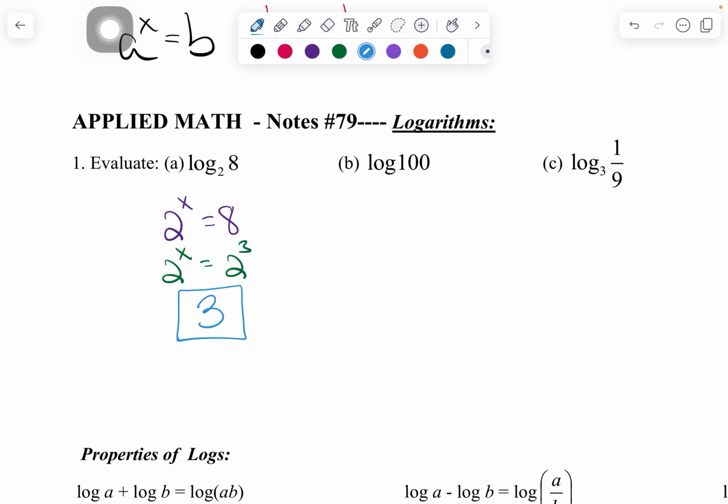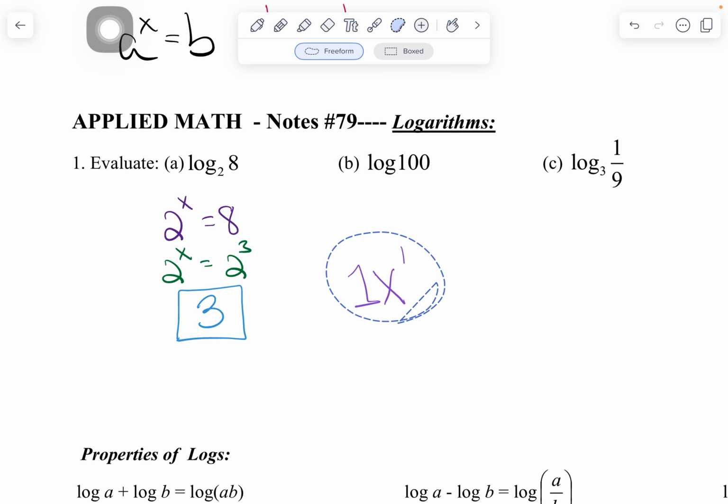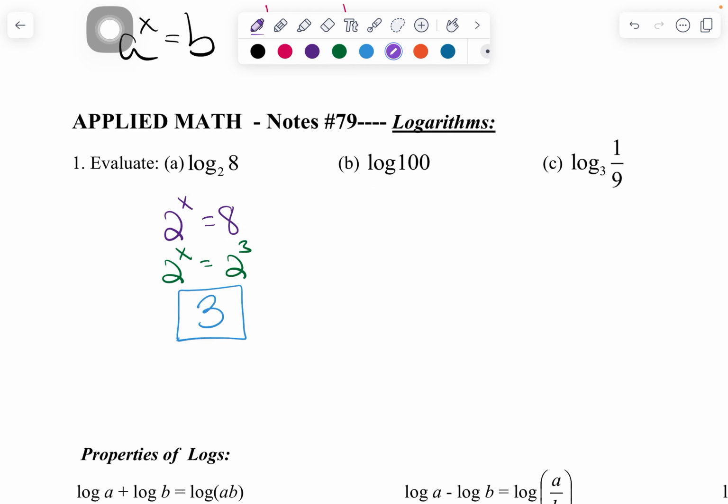All right. So then if I look at the next one, we have log of 100. We're missing a base. And when we do math, we assume certain things. For example, if you have x, we assume that there's a 1 in front of it. We assume it's a power of 1. We make certain assumptions because somebody decided at some point that we're not going to write those things out every single time.